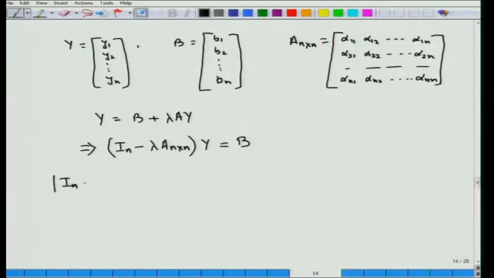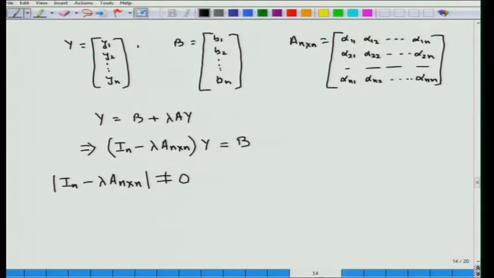the determinant of I_n - lambda A is not equal to 0, then we will have a unique solution. And if the determinant of I_n - lambda A is equal to 0, then we will have either an infinite number of solutions or no solution.